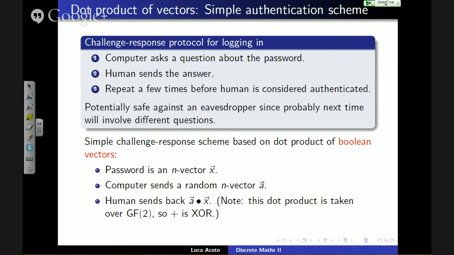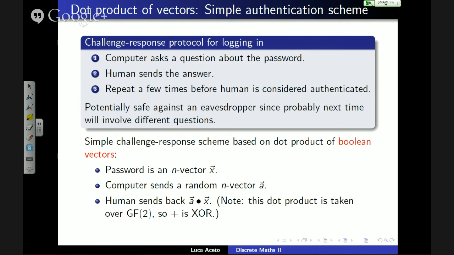You compute the dot product of your password and the challenge, and you send out a bit. You repeat this many, many times. If every time you send back the right bit, then the computer will know with very high probability that you knew the right password, which is X.